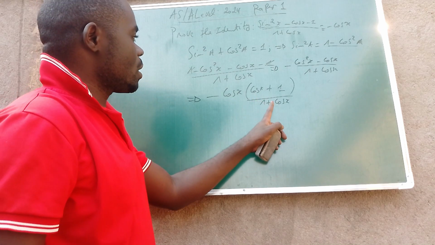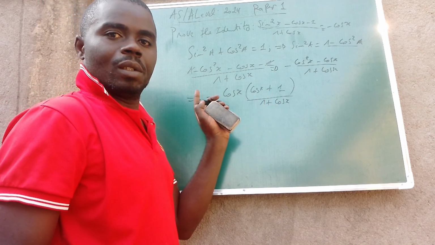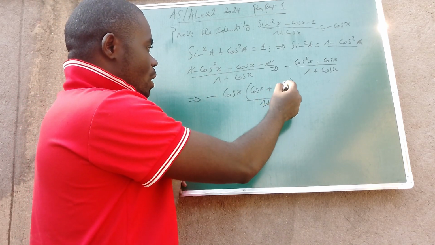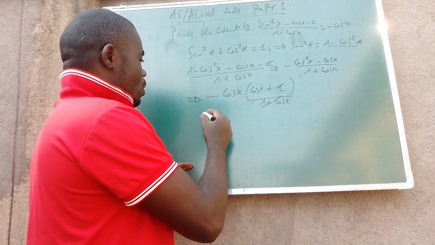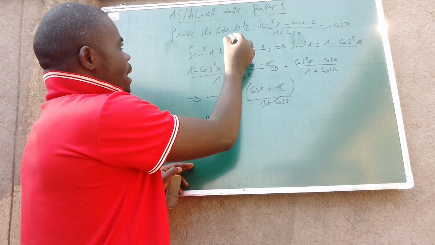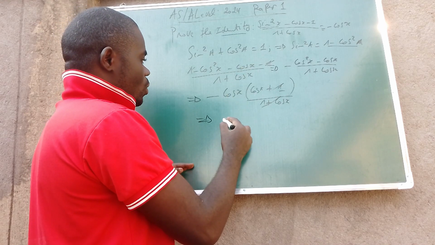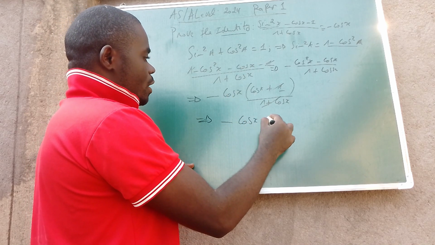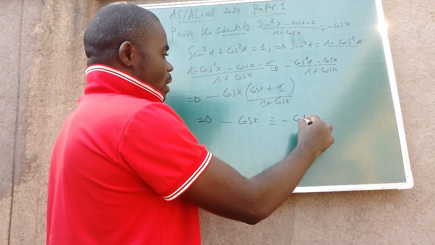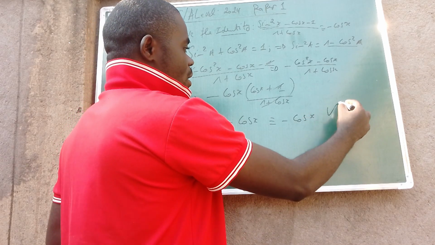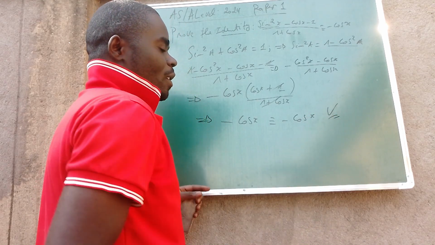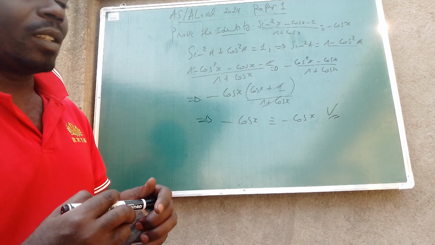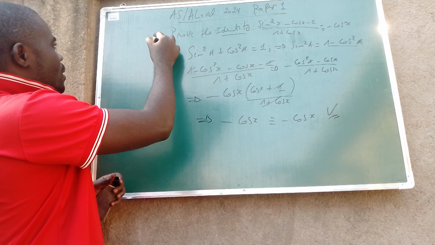And when you look at this, this one is equal to this, which means we can simplify. So our identity is equal to negative cosine of x is equivalent to negative cosine of x. And this is proved. This was question number A.